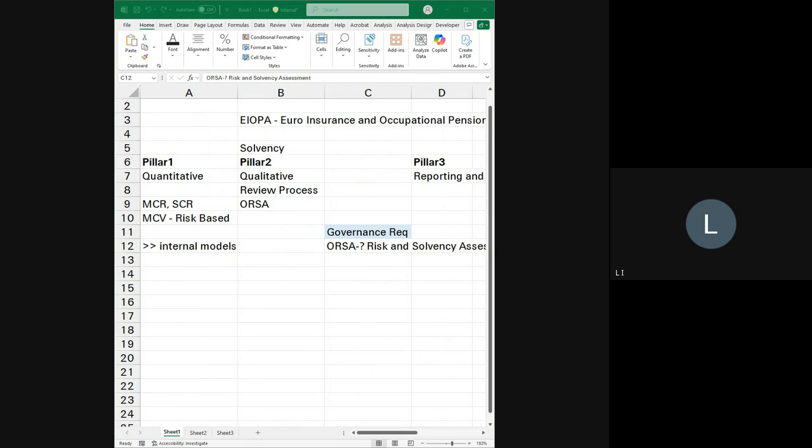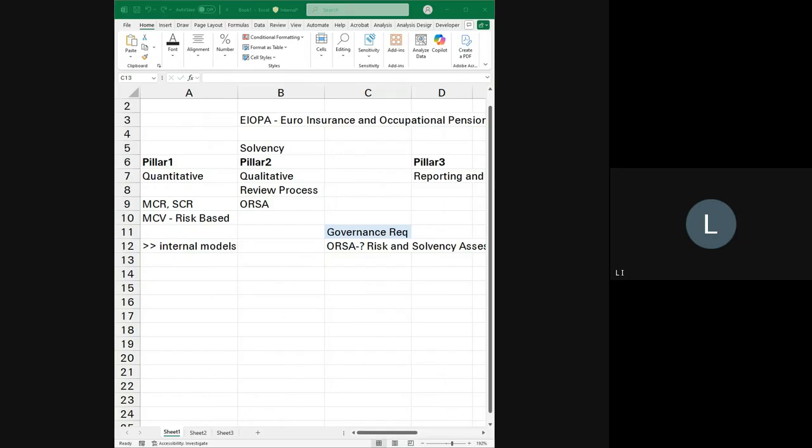So the supervisor, the regulatory authority, can look at the ORSA and feel that whatever level of SCR this insurance company has calculated is not enough for the level of risk they hold, and they can suggest they hold an add-on capital. So that adds on to the existing SCR of any insurance company. Does that make sense, guys?